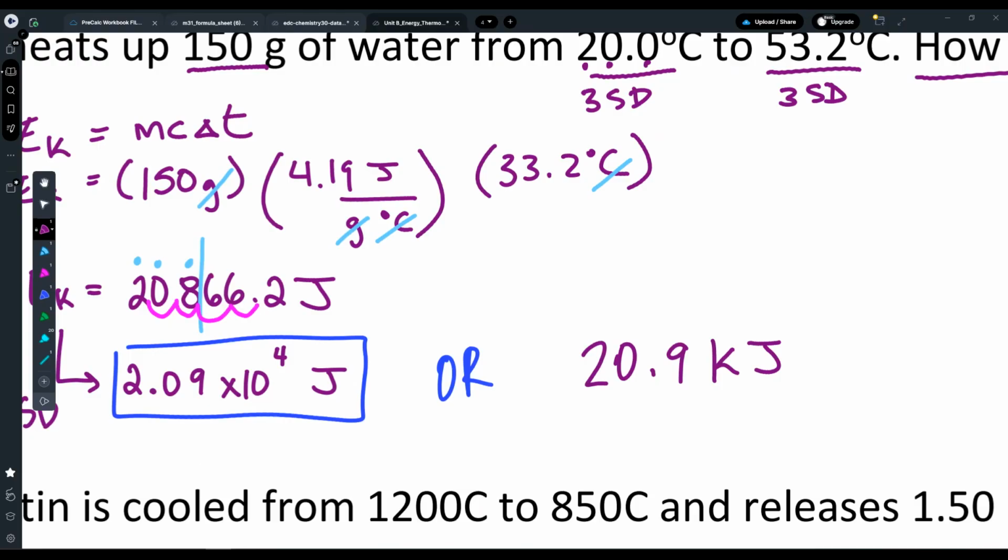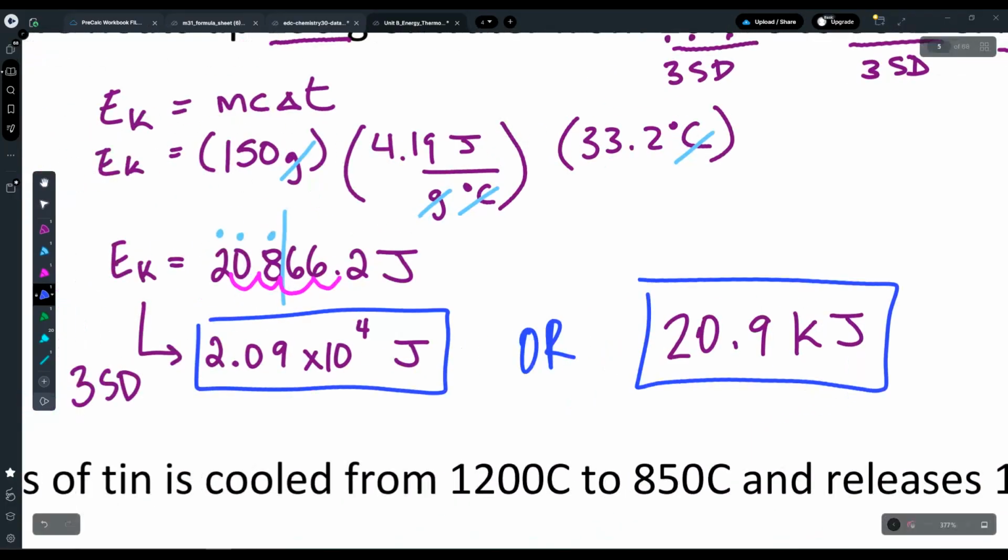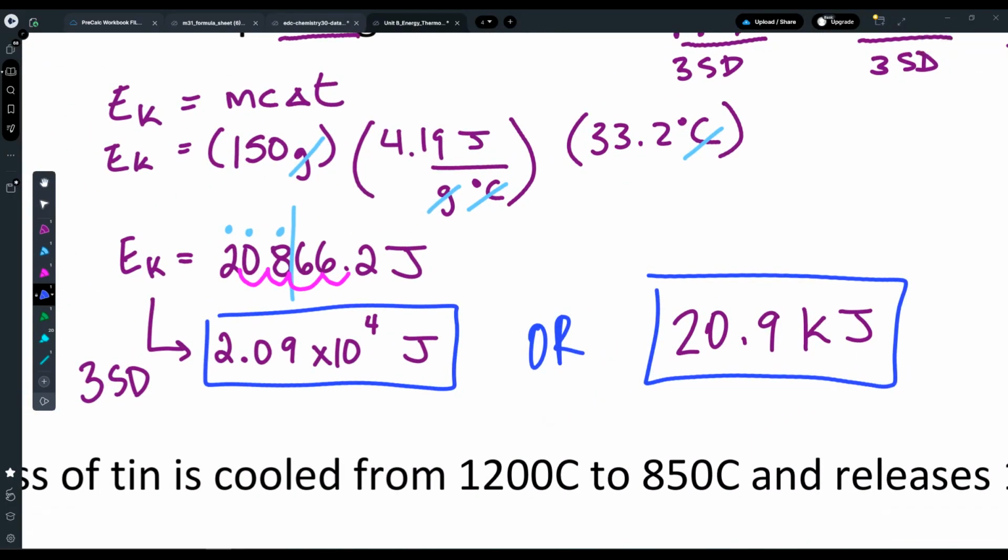Okay, so this isn't in scientific notation, so that's why I can have more than one digit before the decimal here. So both of these answers are the same value. They're just in different units here. Now, how I did this for kilojoules, you got to remember there's 1,000 joules in a kilojoule, so that's what I used for my conversion. I just moved the decimal 3 to the left.